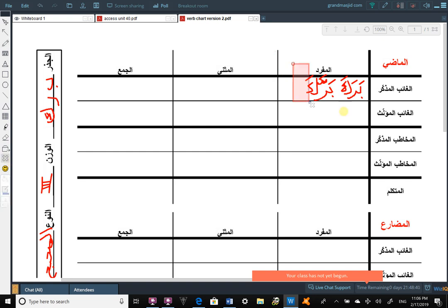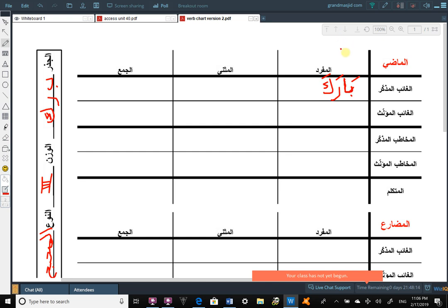In this one, we're going to add an aleph after the first radical. We add this aleph here after the first radical, which here is a ba, and then we have fathas all across in the madi. So we say baraka.